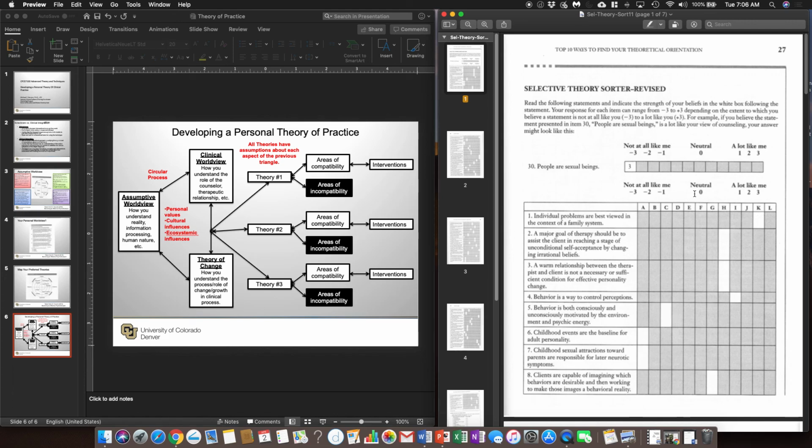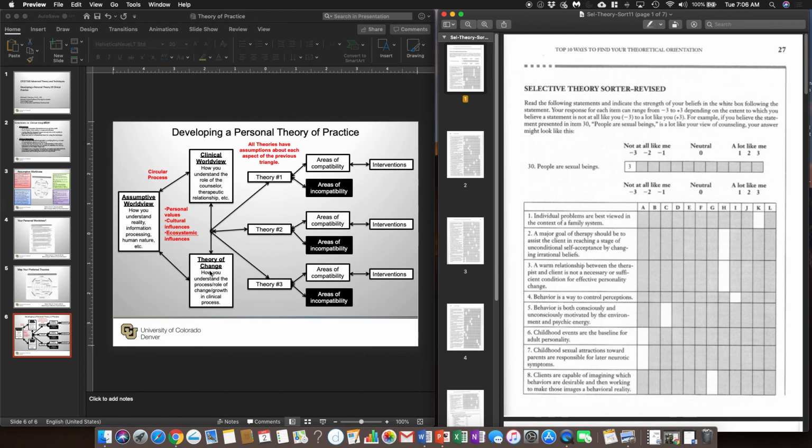But you may say, well, I think family work is really important, but I think individual work is equally as important. So you may put a 0 in that box. And so there are 60 of those questions. And again, these will lead you towards different theoretical orientations, theoretical models, but they'll also be really helpful in helping you begin to look at your assumptive worldview.